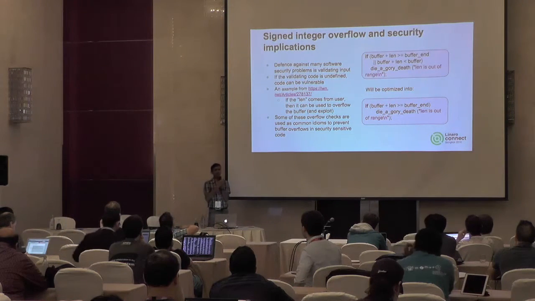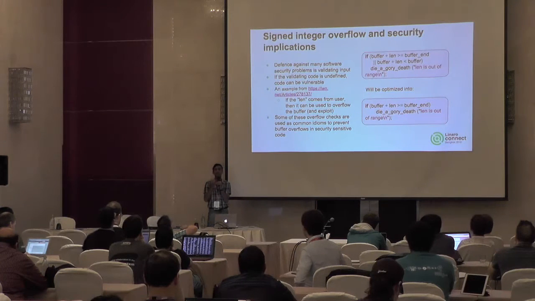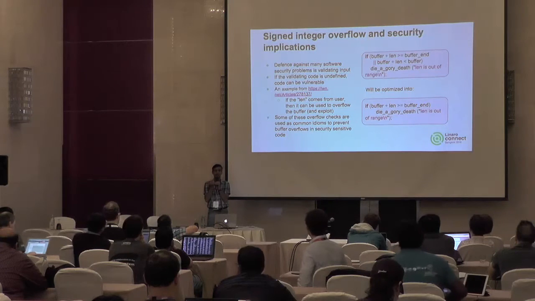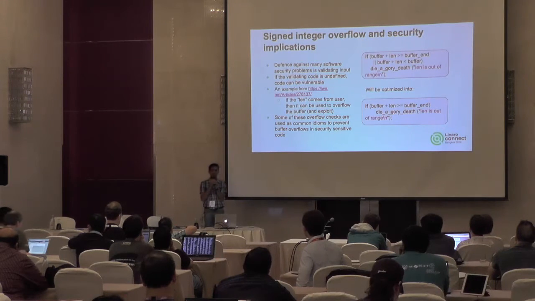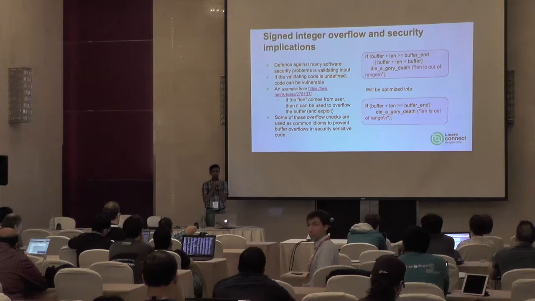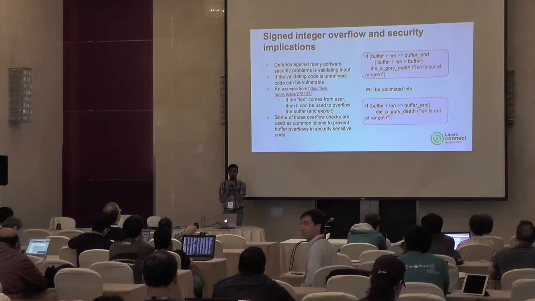But as we just looked at, the compiler can remove that check based on the assumption that your operations won't overflow. If that's the case, your application will be vulnerable. The worst thing is some of these overflow checks are used as common idioms to prevent buffer overflow in security-sensitive code.